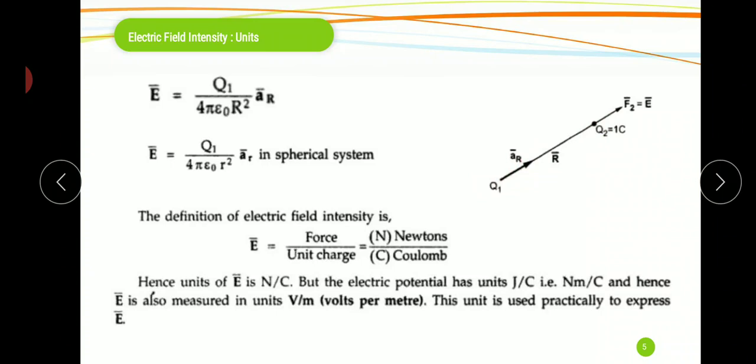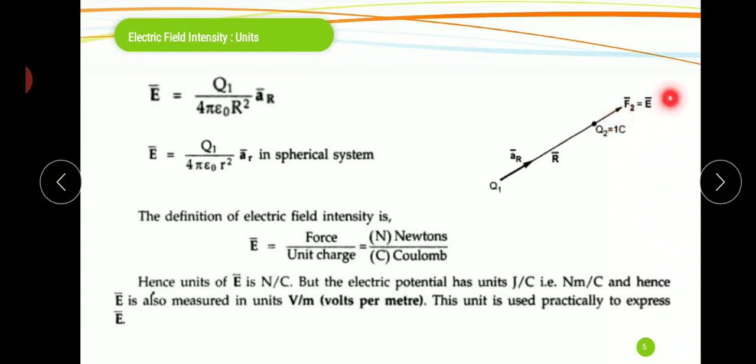Now this is the force experienced by the charge Q2 due to Q1, indicated by the letter F2. And what about the direction of electric field intensity? It is always along the force direction, the force experienced by the positive charge due to the point charge. So the direction of E is the same as the direction of F2 bar.